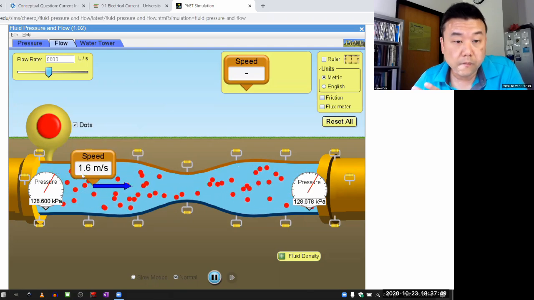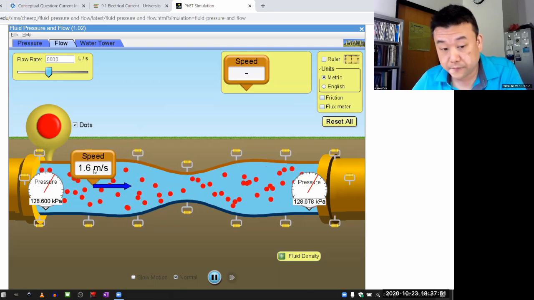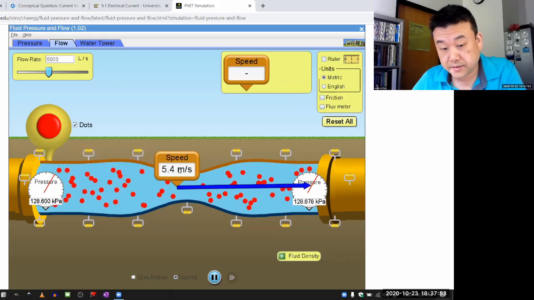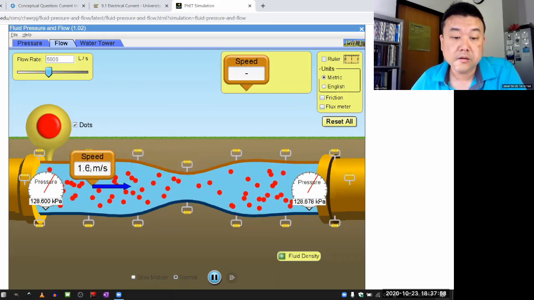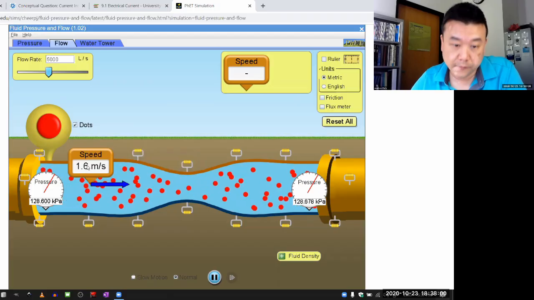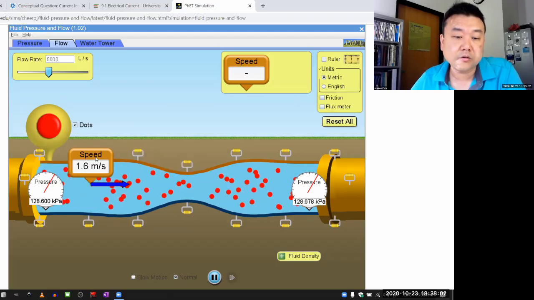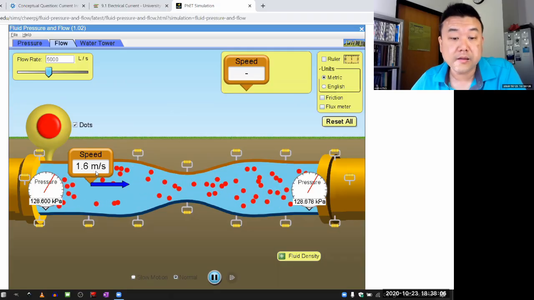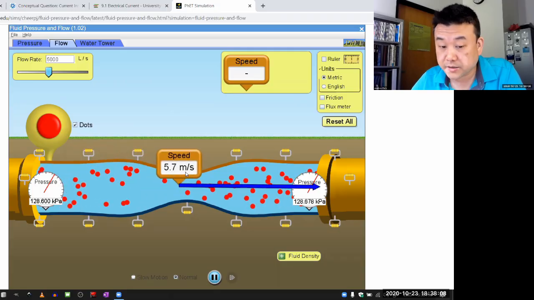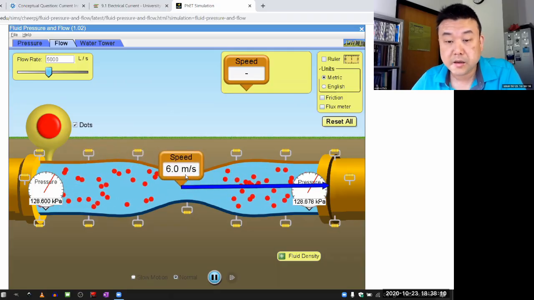In order to have the same flow rate here as here, particles simply have to move faster. That is, the drift speed, the velocity v times the cross-sectional area has to be constant, so that as the cross-sectional area decreases, speed has to increase.